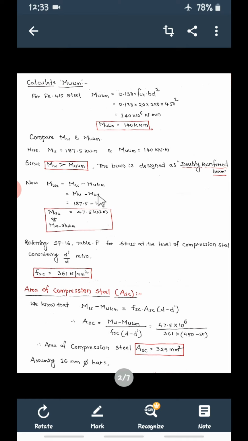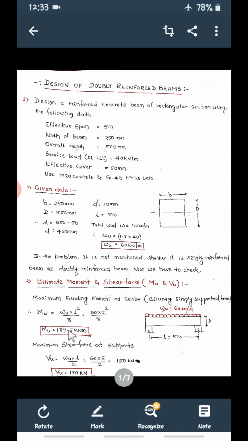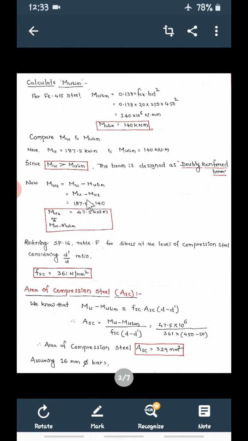So Mu minus Mu1. 187.5 is Mu, and Mu minus Mu1 or Mu limit, so Mu2 comes out to 47.5 kilonewton meter.